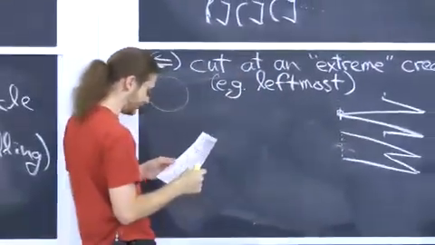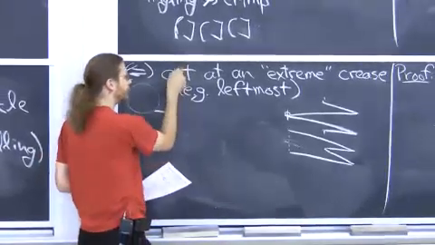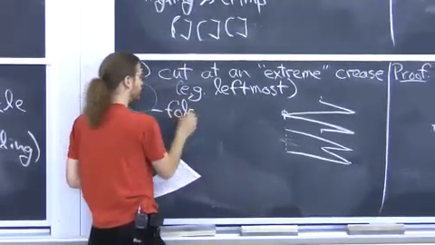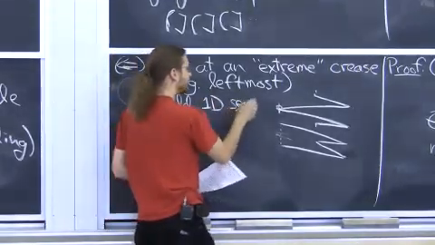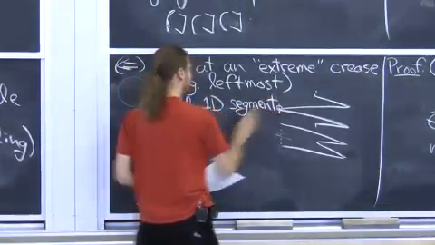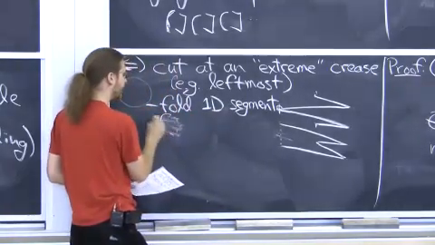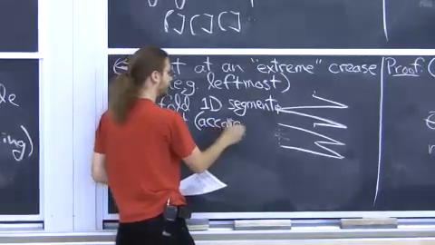All right, let me write down some words corresponding to that. So once we cut at this extreme crease, you can fold this 1D segment just like we used to be able to. So we can fold it flat using the accordion fold, alternating mountain and valley.